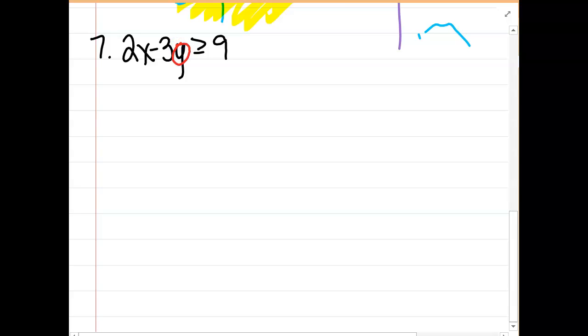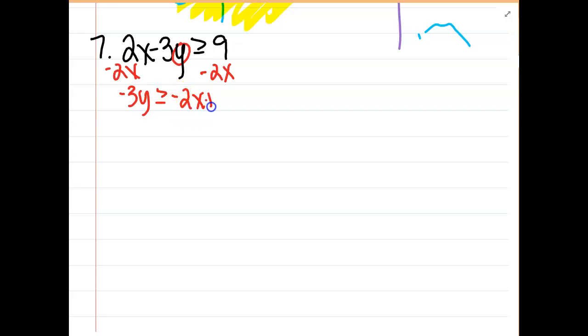You got to move your x term first. It's a positive 2x, so we're going to subtract 2x from both sides. When I do that, I still have a negative 3y is greater than or equal to negative 2x plus 9. And then to get rid of the negative 3, we're going to divide everything by negative 3.